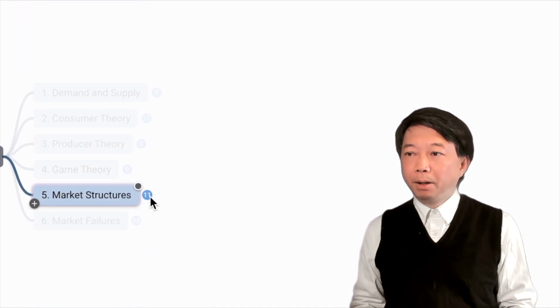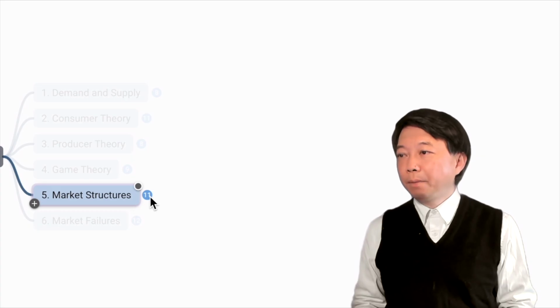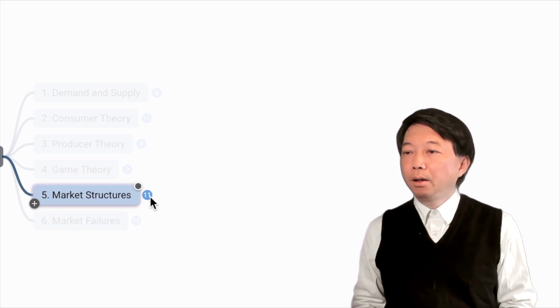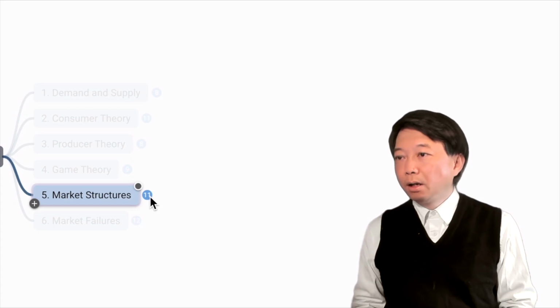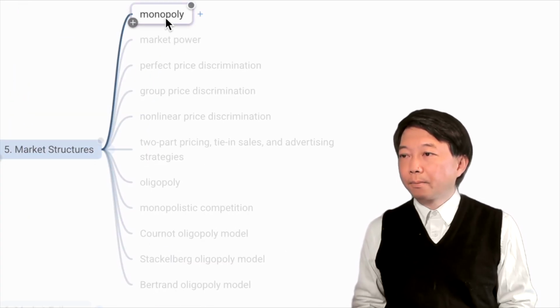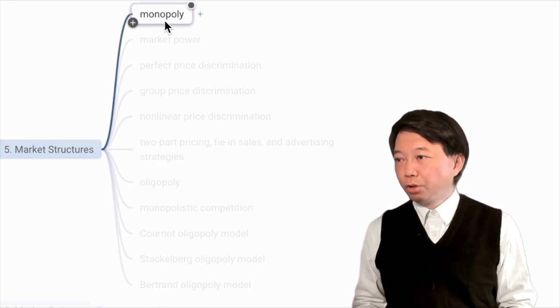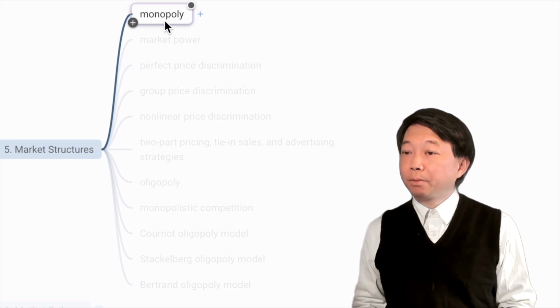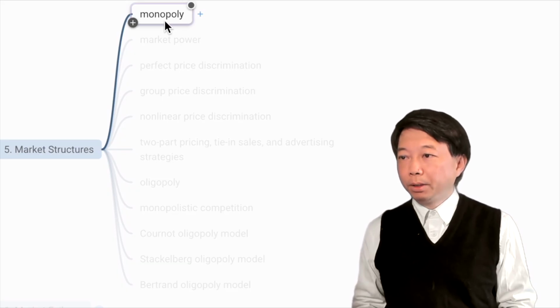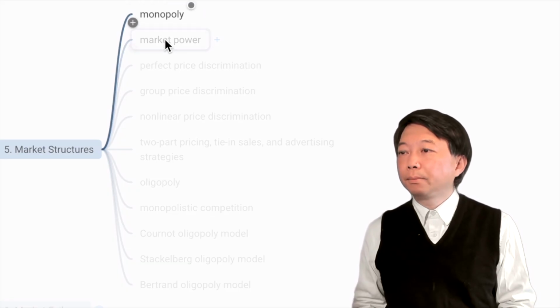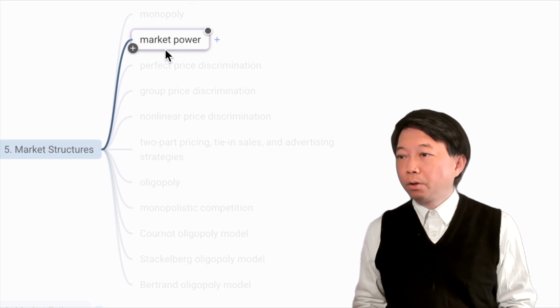After learning about perfect competition, we will examine other market structures and mechanisms. First, we will study monopoly, including the condition for monopoly profit maximization and the measurement of market power. We will analyze the causes of monopoly and its impact on social welfare.